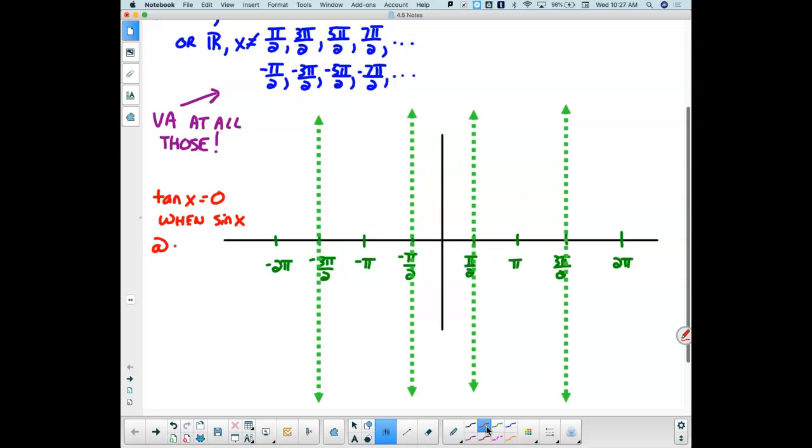Okay. So at negative pi, pi, 2 pi. What about 0? Yes. Is sine of x equal to 0 at 0? Yes. Yep, 0, negative 2 pi. So those are all going to be when the function is equal to 0.